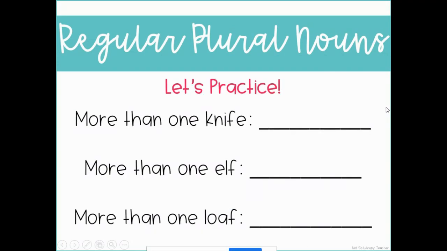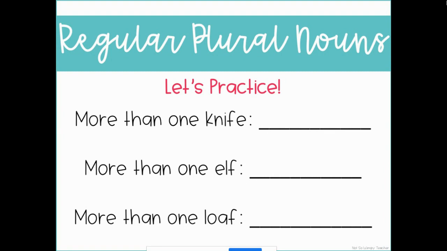Okay, let's practice. More than one knife. The K is silent, knife. It ends with an FE, so that means we take the FE off and we make it VES. So knives. More than one elf.